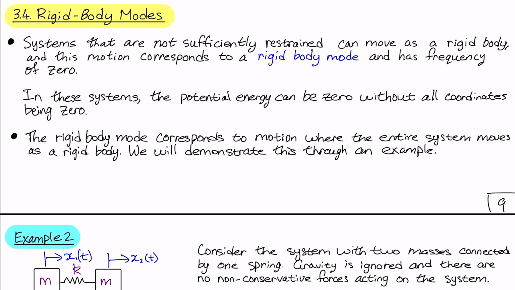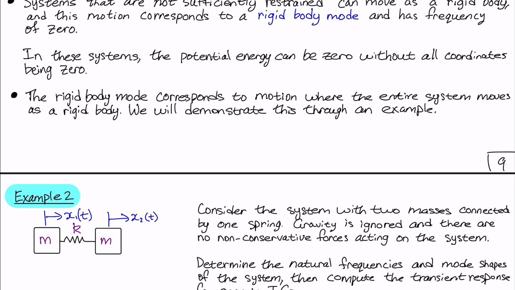And we're going to demonstrate this through an example. So we're going to consider a system with two masses connected by a single spring. The spring in the middle there just couples the two together, and neither of the masses are connected to the ground by anything, meaning that they're just kind of floating there in space.